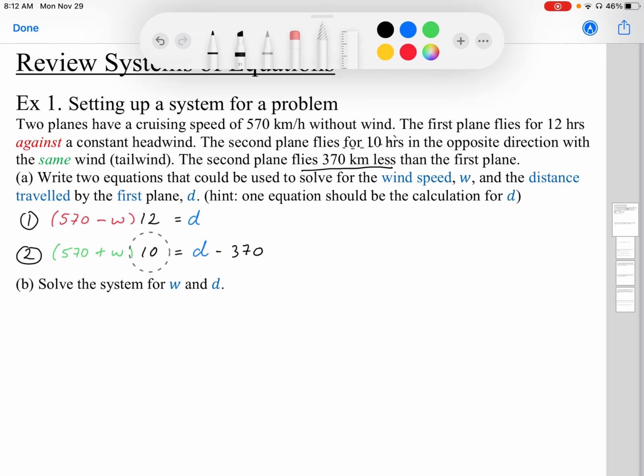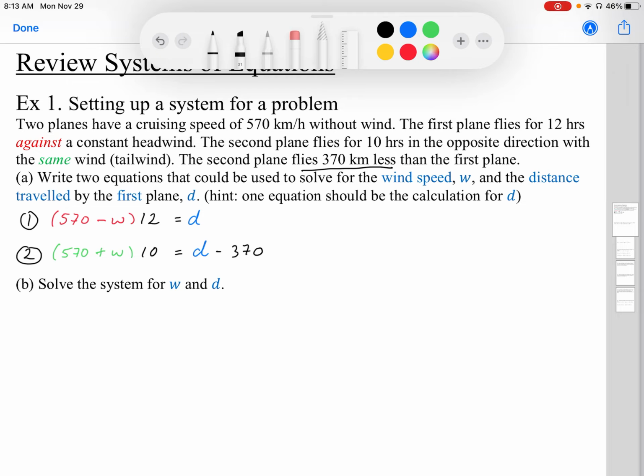The second plane travels for 10 hours only. And since the second plane is 370 kilometers less, we have to account for that in the equation. Okay, so we need to solve this system.